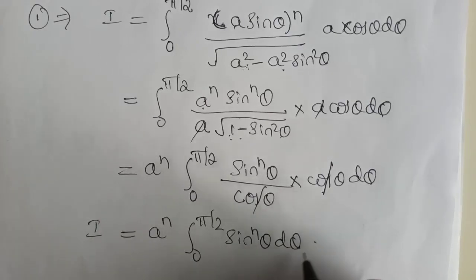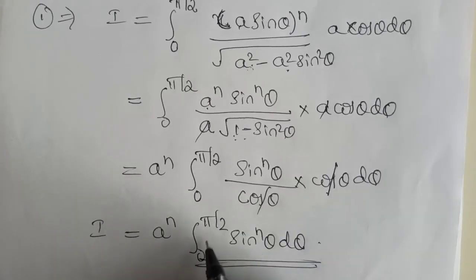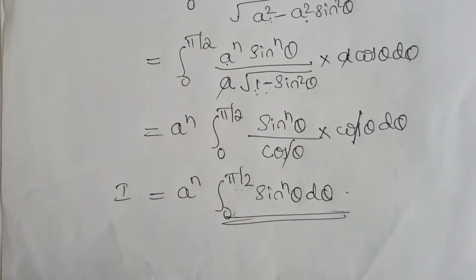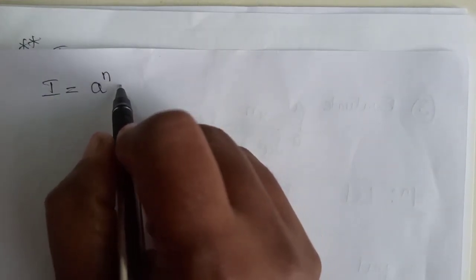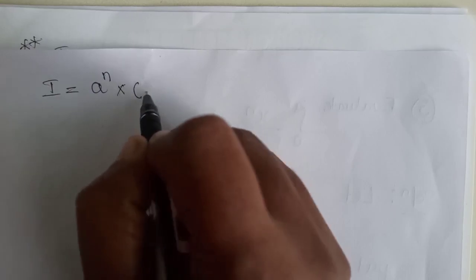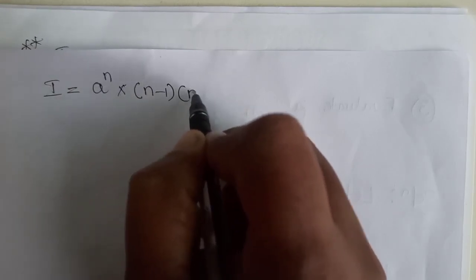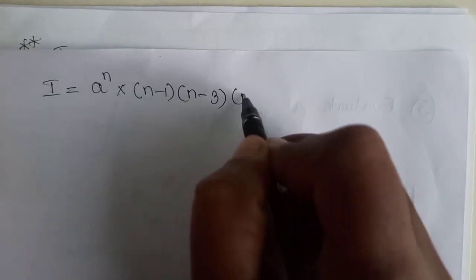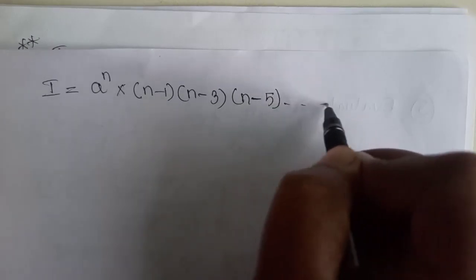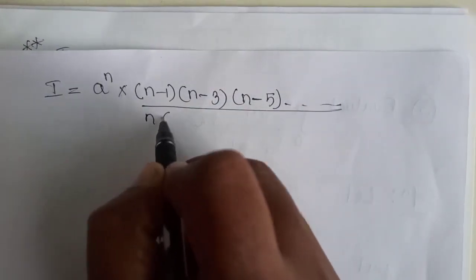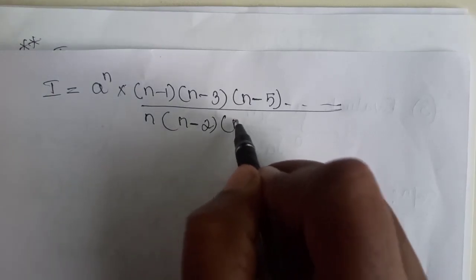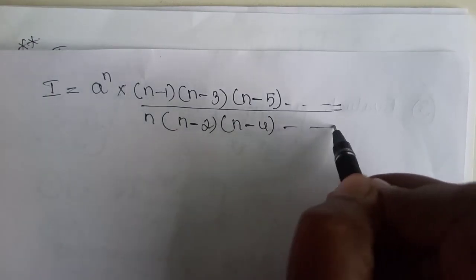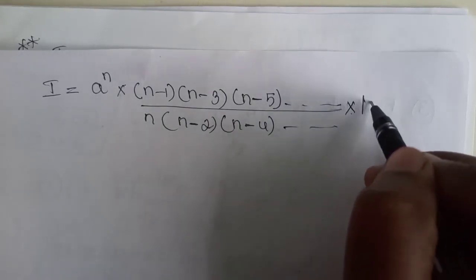So we know the reduction formula for integration 0 to pi by 2 sin power n theta d theta is I equals a power n as it is. The reduction formula is (n minus 1)(n minus 3)(n minus 5) and so on, in the denominator n, (n minus 2), (n minus 4) and so on, into k, a term we multiply.